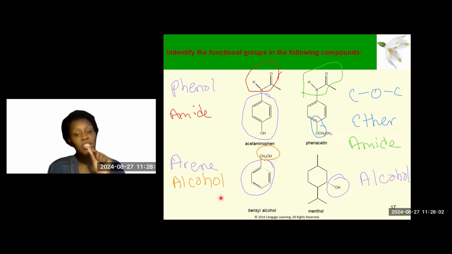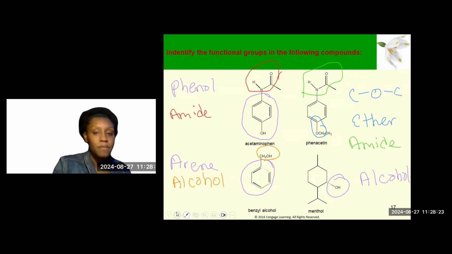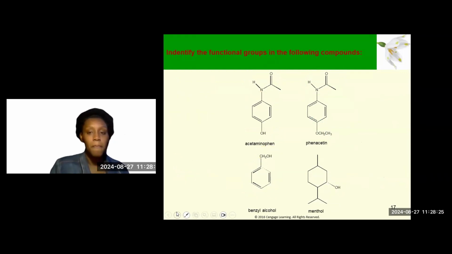Phenols have to be attached to an aromatic ring. If it's not, it's simply a regular alcohol. And even though there's other things attached to this ring, those are all single bonds. So there's nothing on there that's telling me there's a functional group there. All right, you guys, so that is all of those.